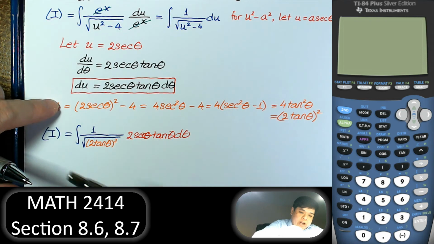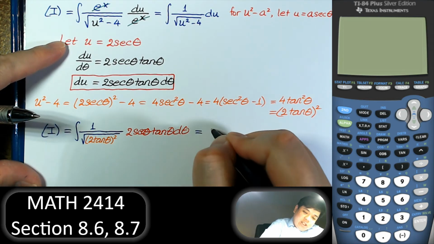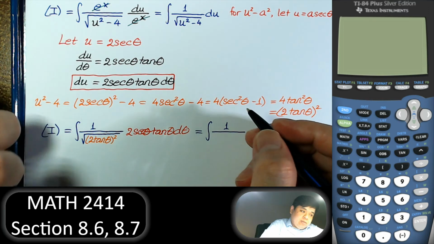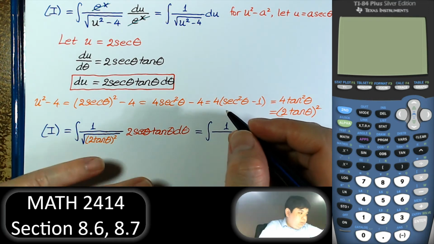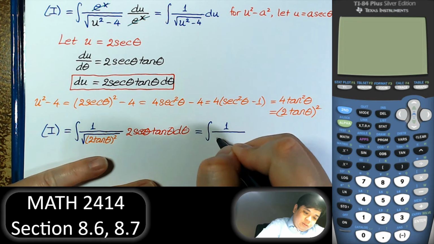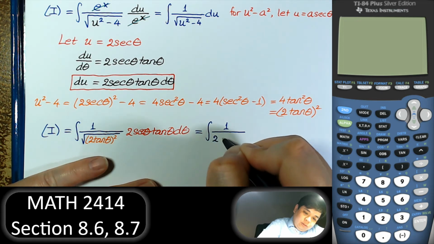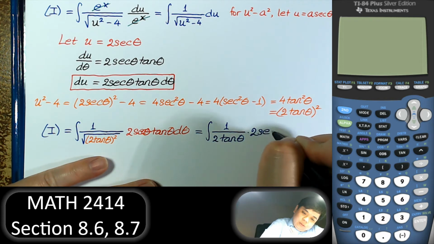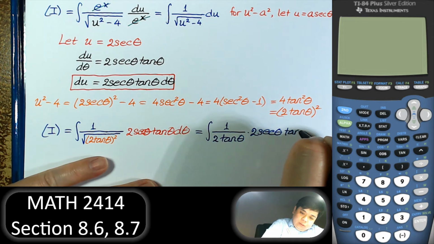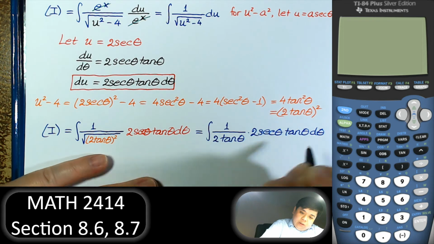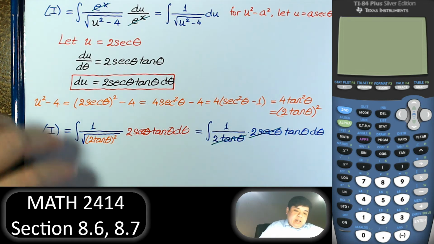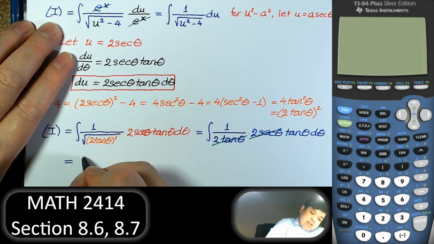Right, the square cancels the square root. That cancels out, and we just have tangent.